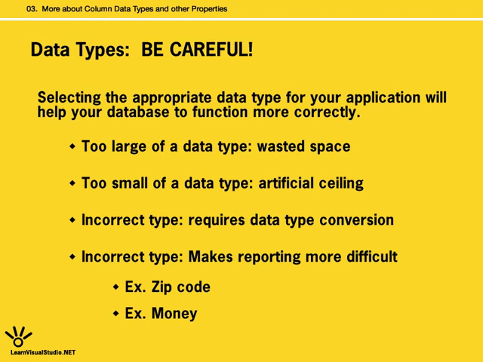We could go through and define everything as varchar 50, but having gone through a review of why data types are so important to constrain the data and to make it more useful, we need to really be about the task of researching and making sure that we're using the right data types for our applications.